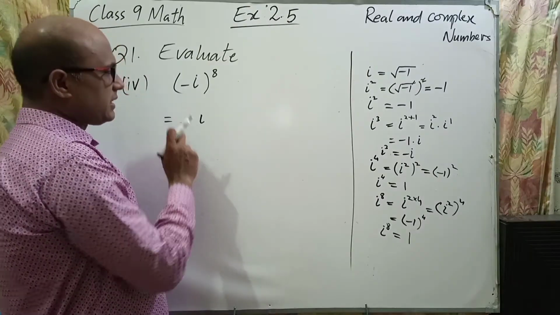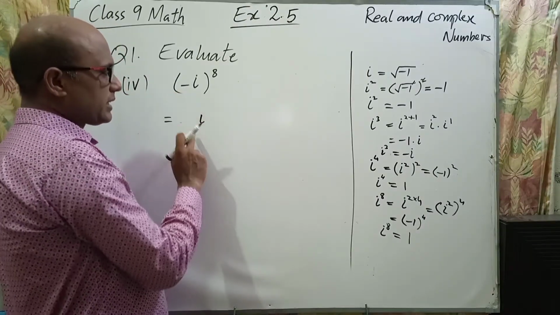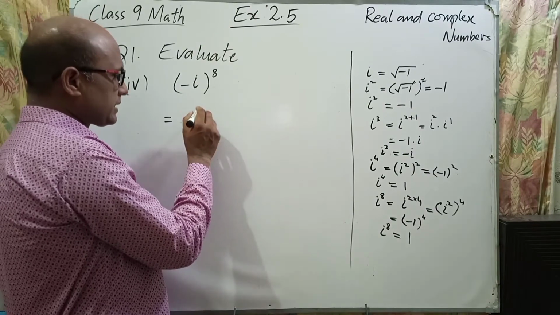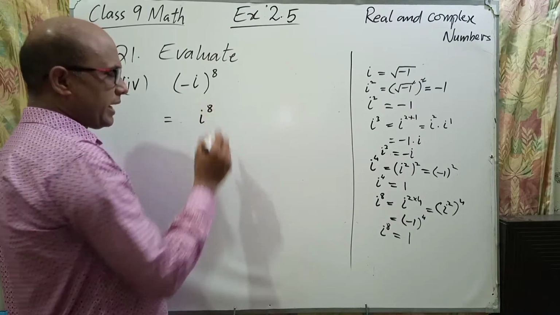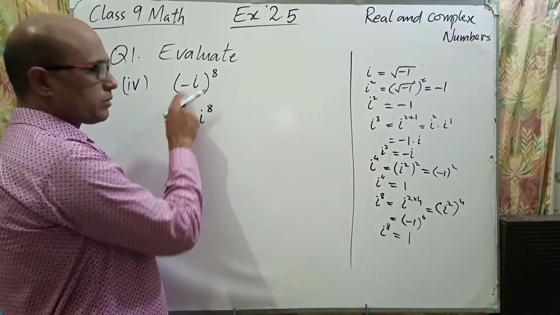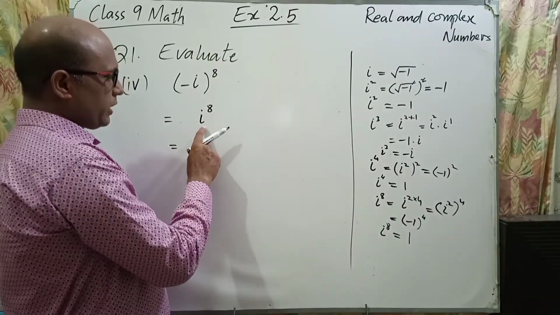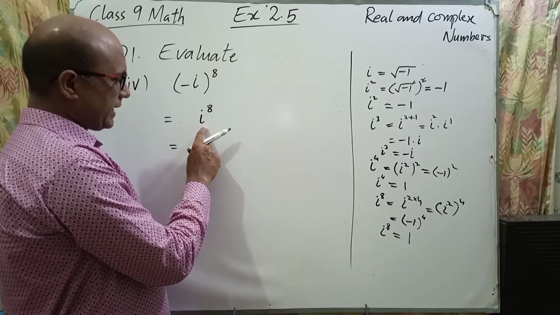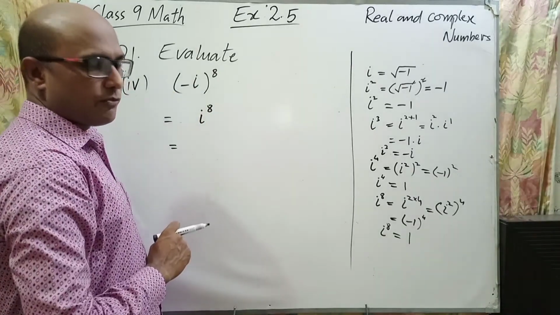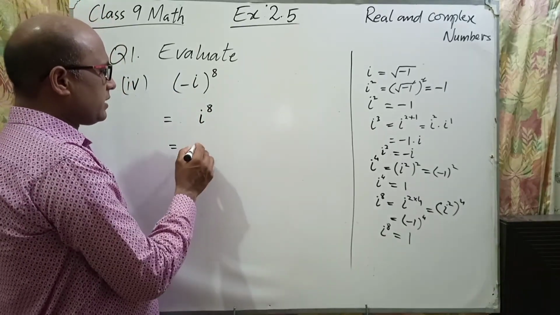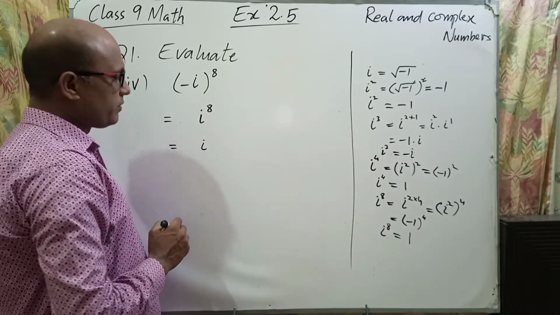So iota's sign, which is minus, will become plus. So iota power 8 will be written without minus sign. When we'll take it out of the brackets, it will become iota power 8. Minus will be finished. So students, it is very easy to solve.